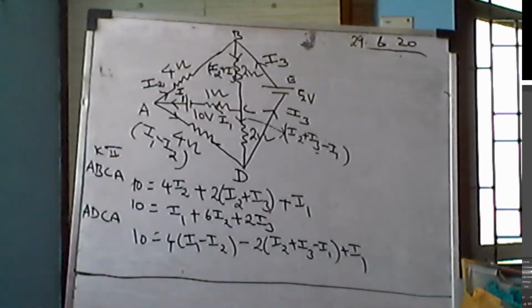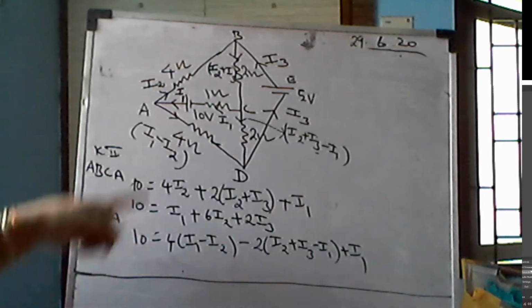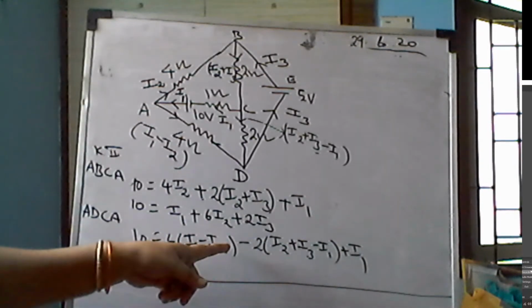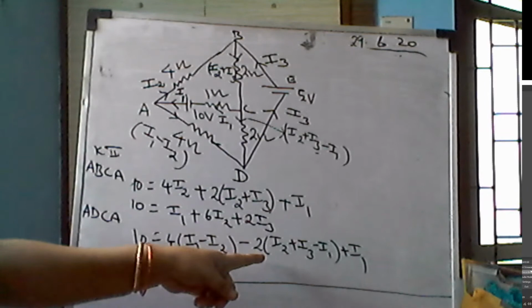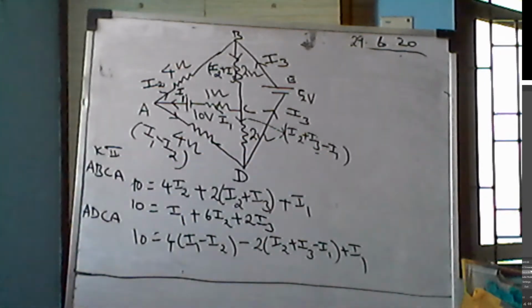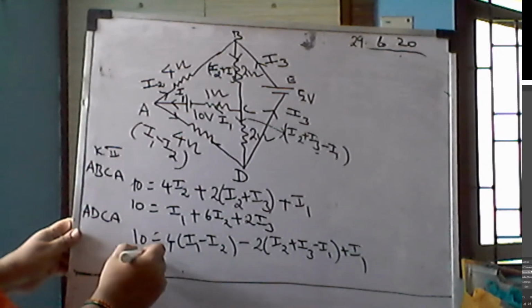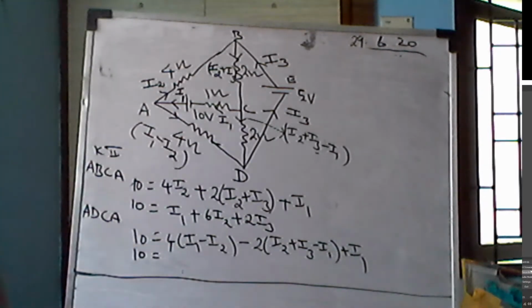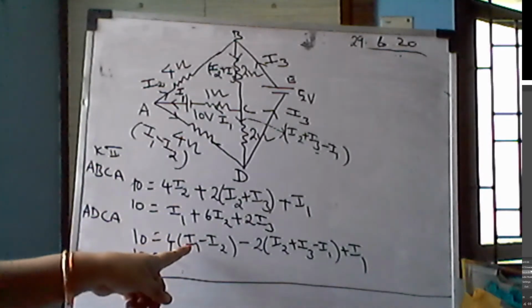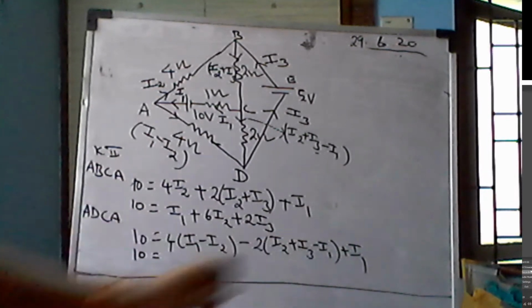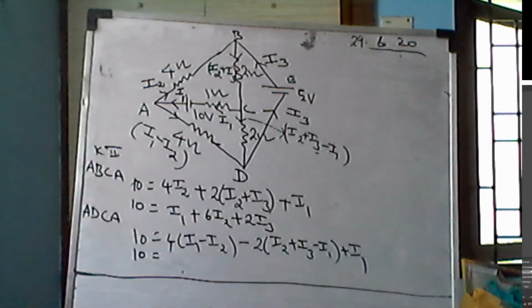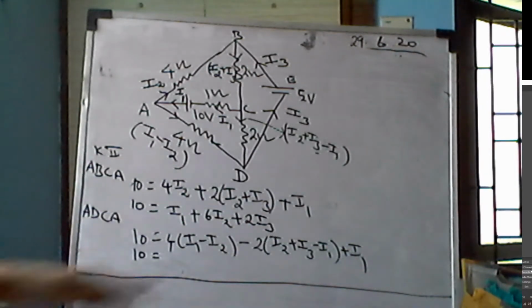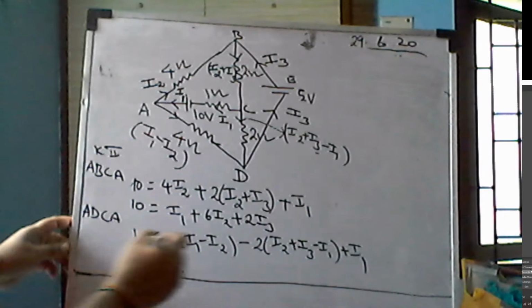Here, I repeat, 10 is equal to 4(I1 minus I2), then minus 2(I2 plus I3 minus I1), plus I1, when you are completing this. So this equation will be 10 equal to 4I1, minus minus plus, so plus 2I1, so 6I1, plus 1, so it is 7I1.